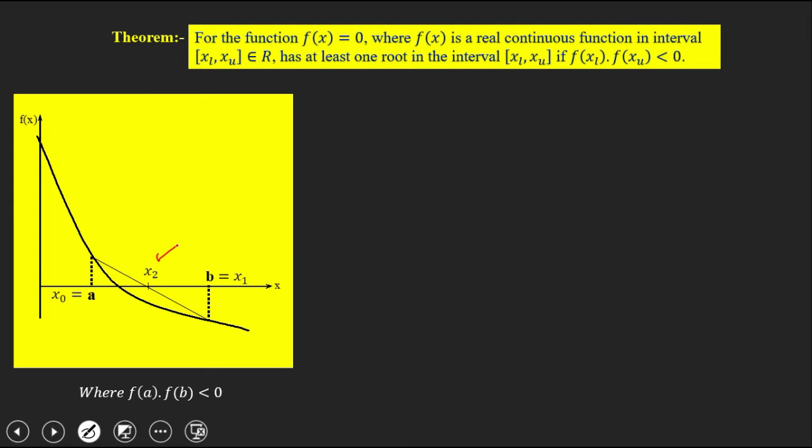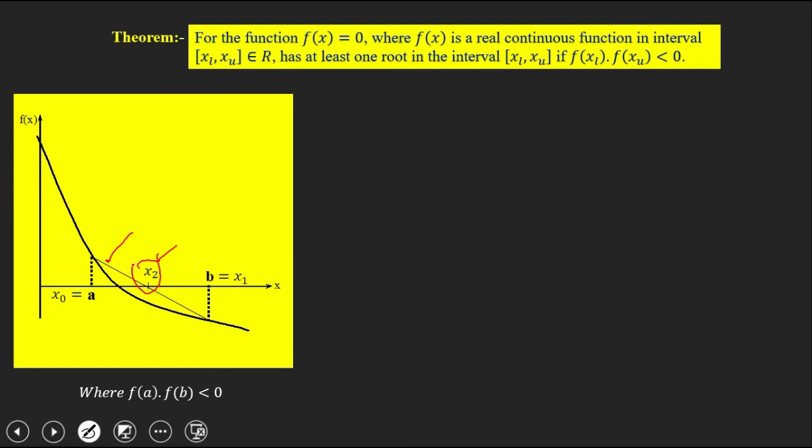So what we do in the secant method is find the equation of this chord, and then we substitute this point, as we have discussed. If we have the equation of a straight line, then it must be satisfied by each and every point on the line.